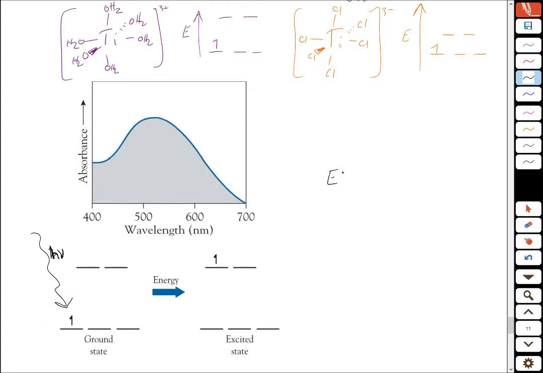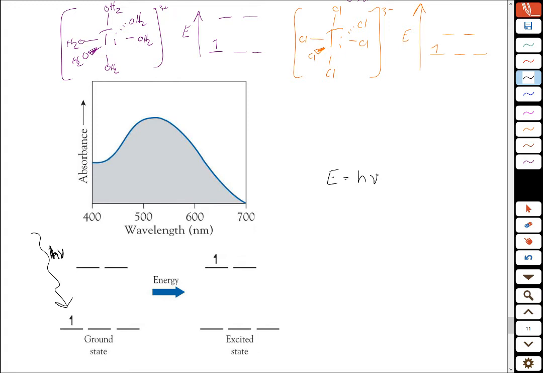Remember that the energy of light is equal to Planck's constant times the frequency of the light. I'm not going to test you on that, but that's how we designate light. Light has an energy equal to its frequency times Planck's constant.